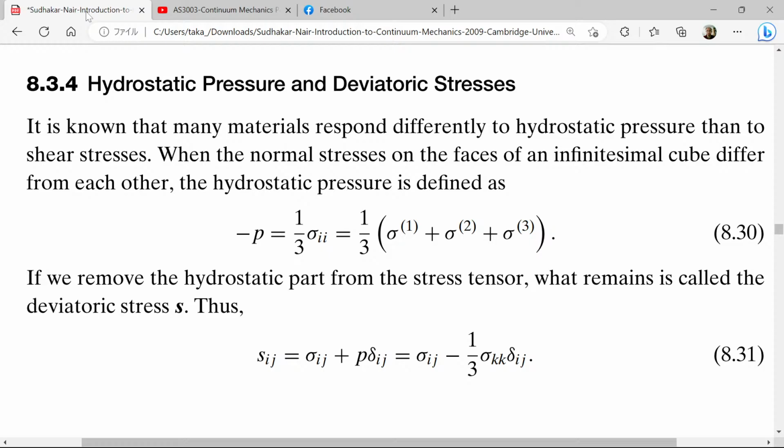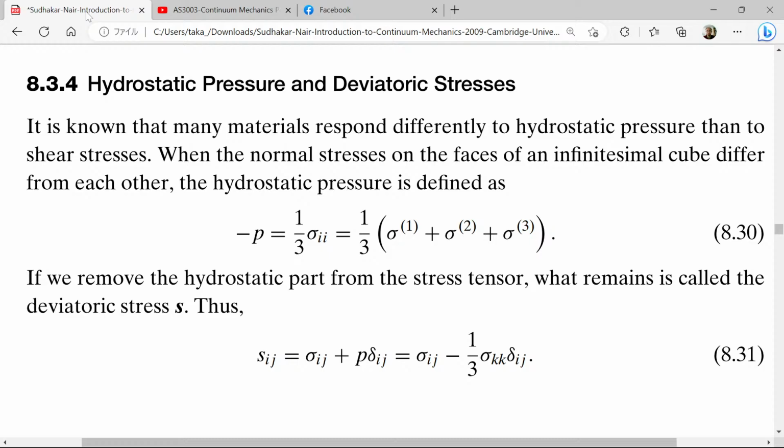When the normal stresses on the faces of an infinitesimal cube differ from each other, the hydrostatic pressure is defined as minus P equals 1/3 sigma ii, 1/3 of sigma 1 plus sigma 2 plus sigma 3.